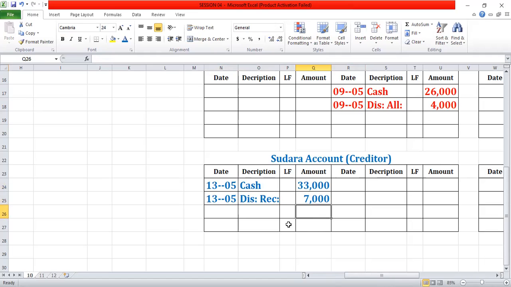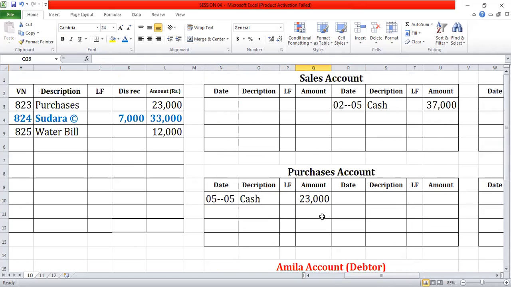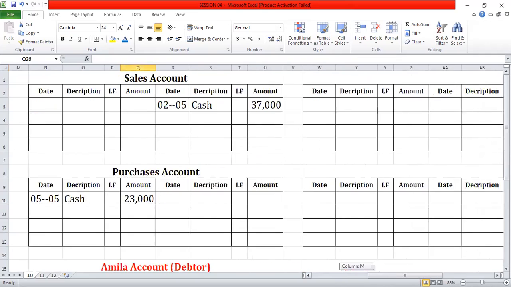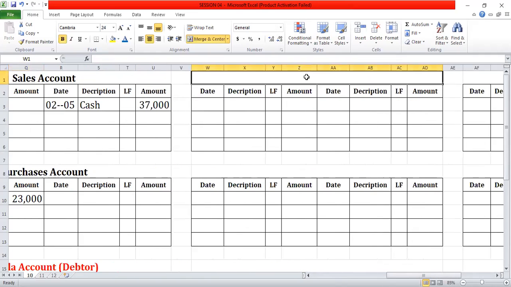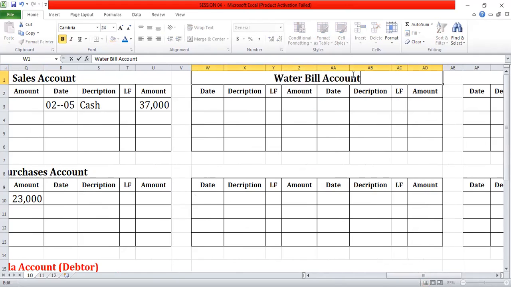Okay, good. Let's update the payment of the water bill. Name the next account as the water bill account. I think you know that water bill is an expense. The cash book is credited now, assets decrease.